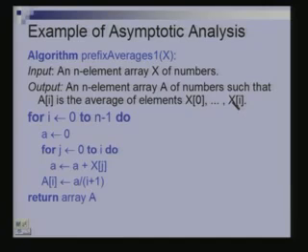Okay, this is what I have to do. So what is one way of doing it? I basically have a for loop in which I compute each element of the array A. To compute A10, what should I do? I just have to sum up x0 through x10, which I am doing here.